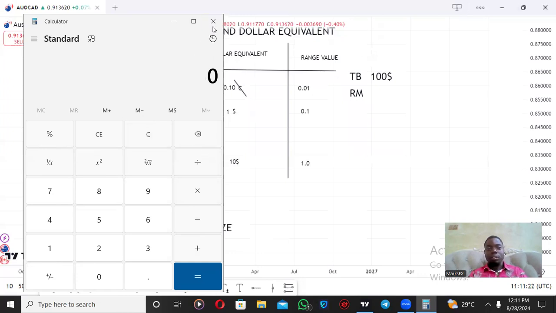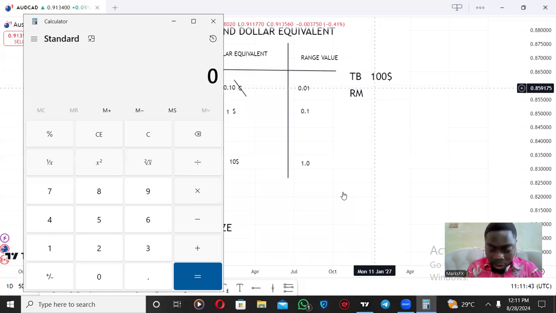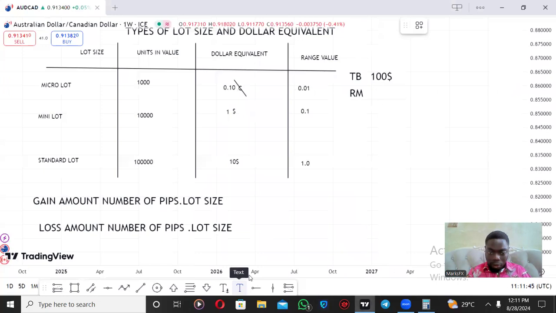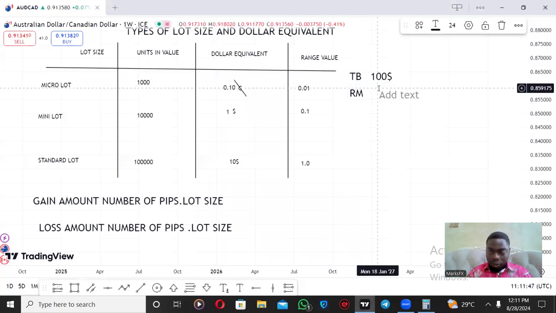Let's now come here. Still on this calculator, your risk amount here, how much do you want to risk? $5, right? Because we use 5%. So your risk amount here will be 5%.